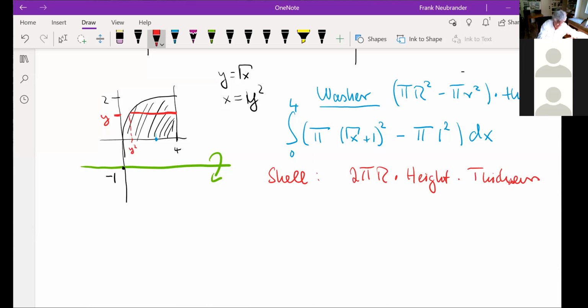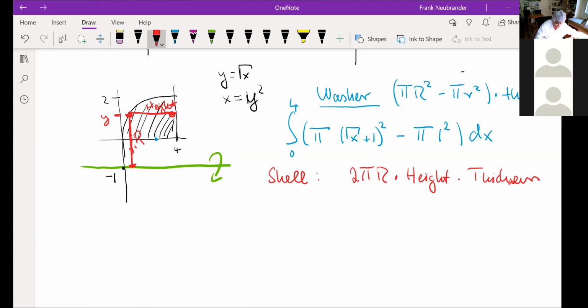In this picture, when you rotate the red slice around the green axis, the radius is from here to there. The height is from here to there. And the thickness is a small increment in y direction.